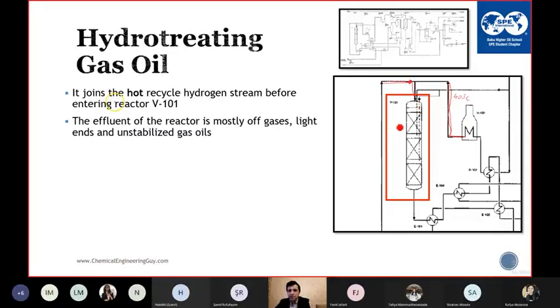As you can see, we have the first bed, second bed, and third bed. And this is the hydrogen.